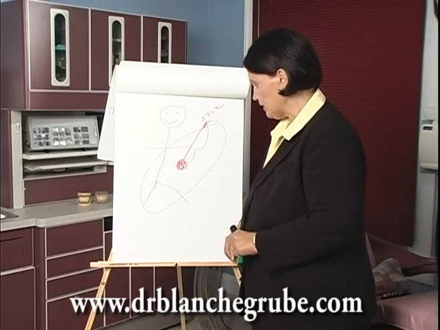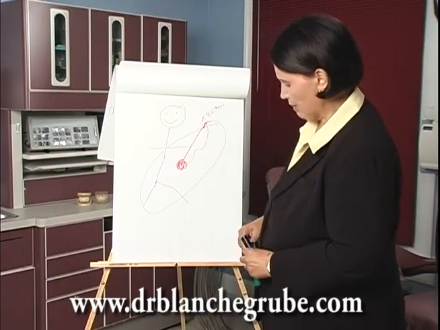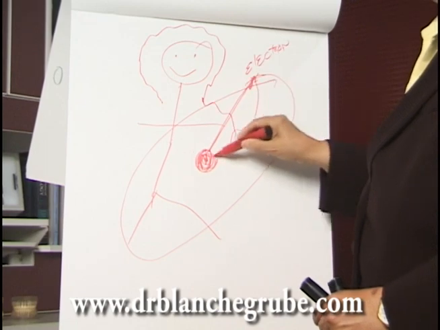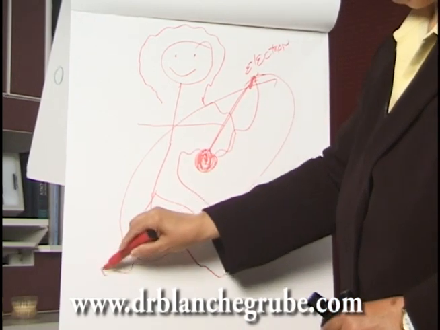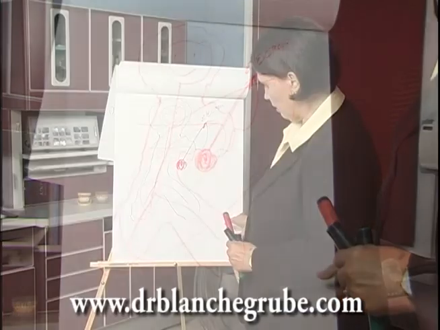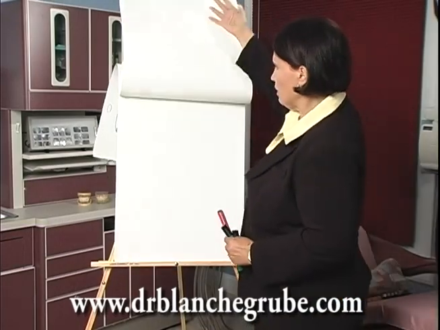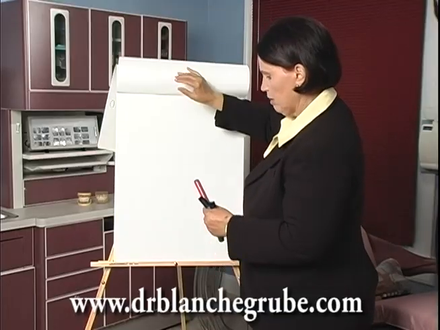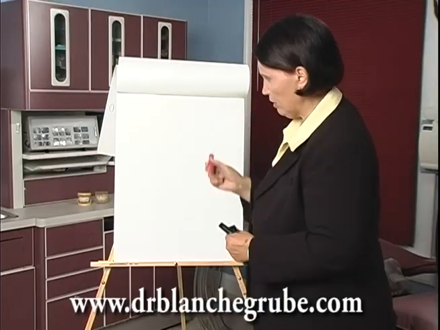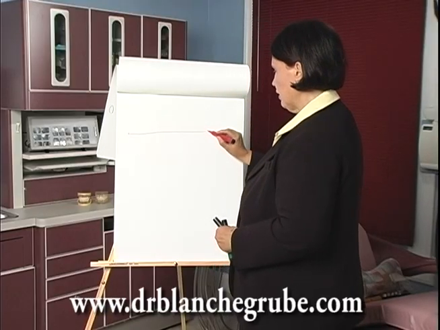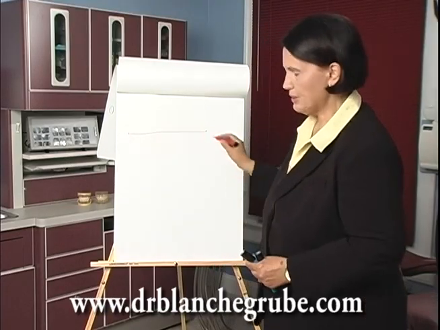Correct? Interesting. So here's our body, and our body has around it an aura, an electromagnetic field. Well, why is that? Because every chemical reaction in the body requires the passing of an electron from one substance to the other.